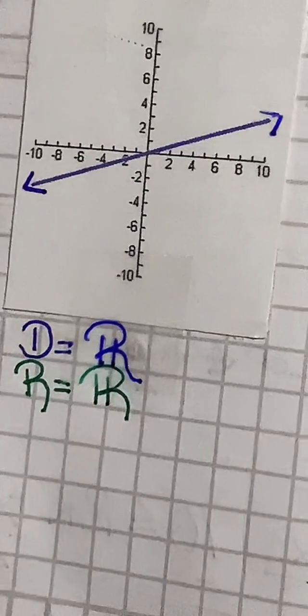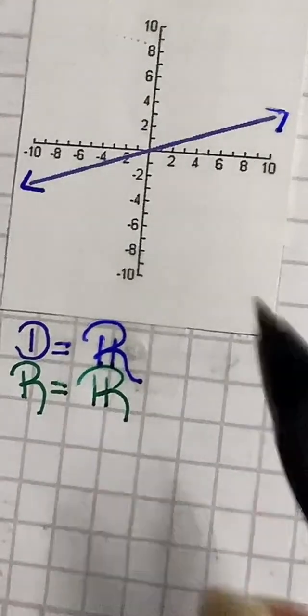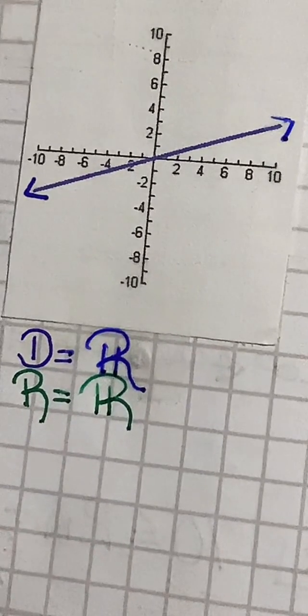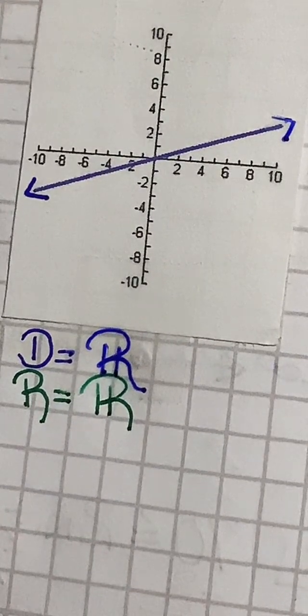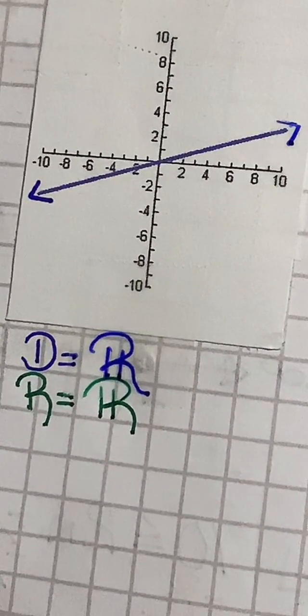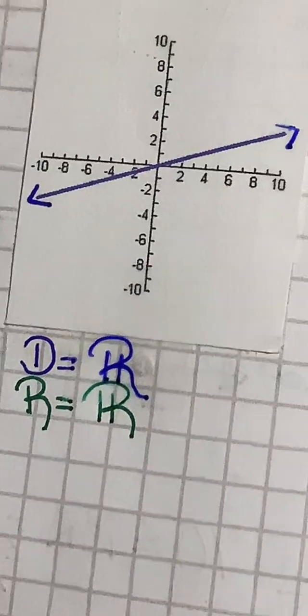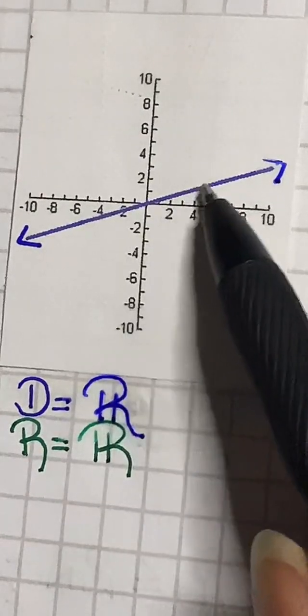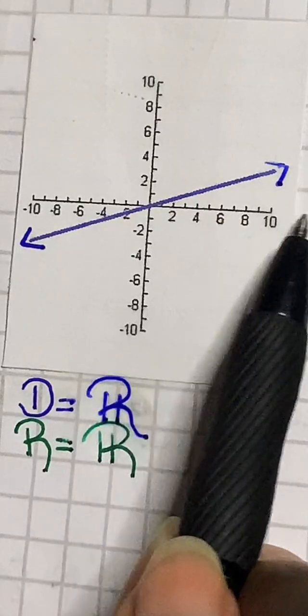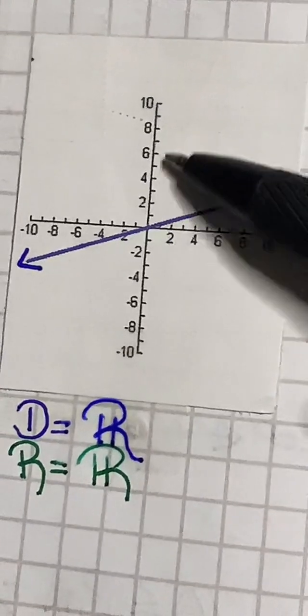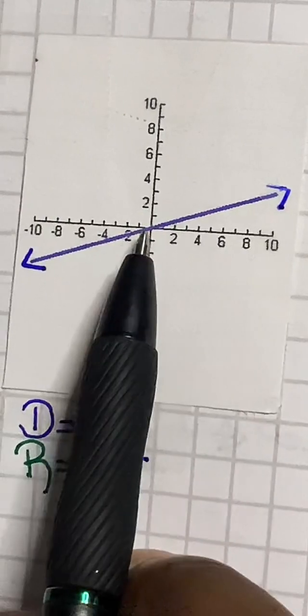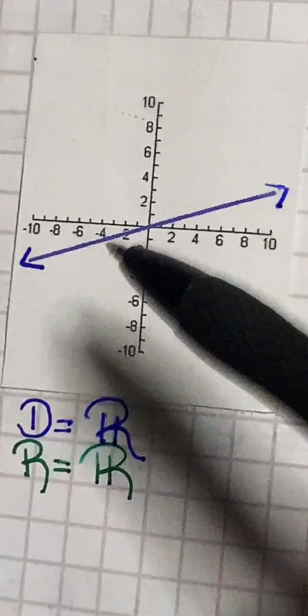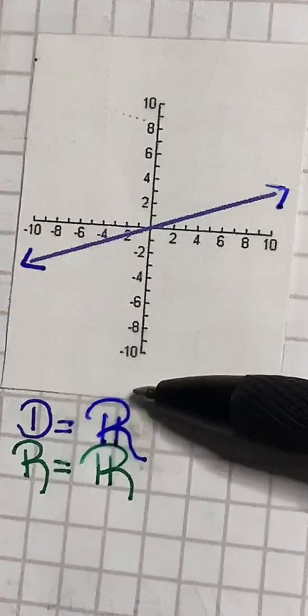So here's the secret. Ready? If your graph is a line, your domain and your range will always be all real numbers. Because you keep going all the way to the x version of positive infinity, the y version of positive infinity, the x's version of negative infinity, and the y's version of negative infinity.